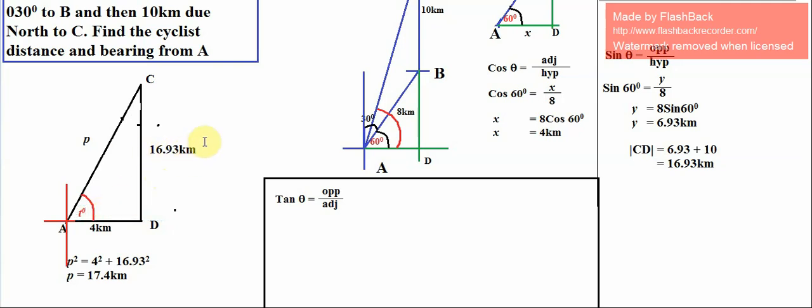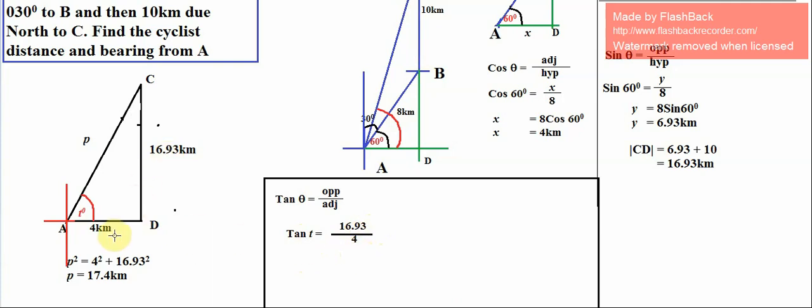This is opposite to T, and this is adjacent to T. So I'm going to use tan, and tan is opposite over adjacent. Our tan T will be equal to 16.93 over 4.